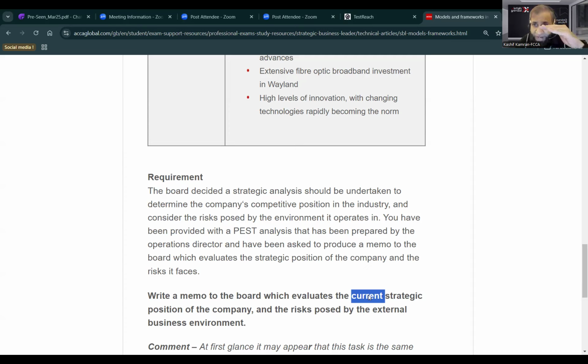So I will give two headings in the answer. I will put my heading current strategic position, and under it I will evaluate my strengths and weaknesses. Then I will give the next heading, risk posed by external environment, and I'll keep writing the risk which is coming from the external environment. No opportunities, right?